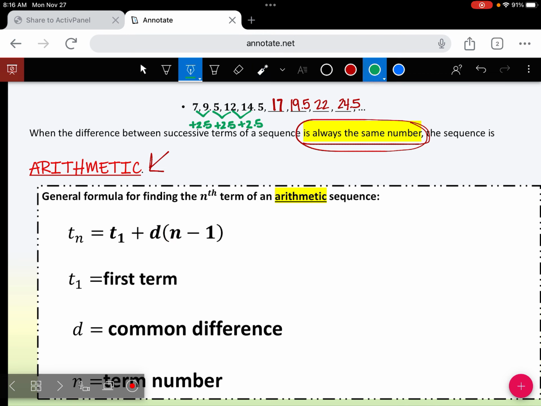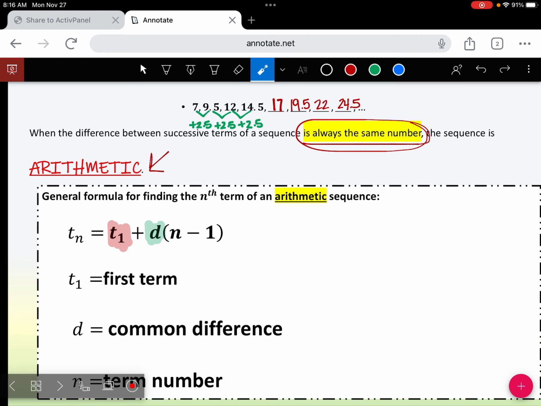Essentially, you're only filling in these two numbers based on the sequence. Those are the two numbers that are going to change. T1 is the first term. In this example, my first term was 7, so that's what I would put here. My common difference, the number I'm adding, is 2.5. N is your term number.